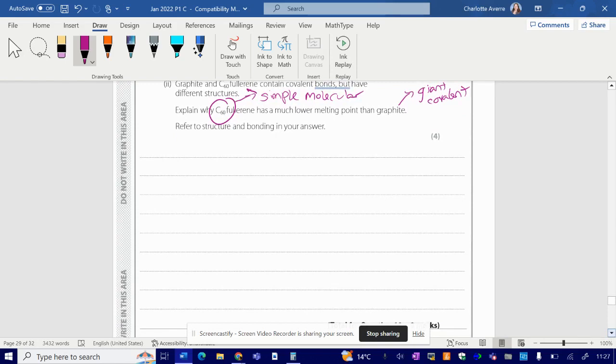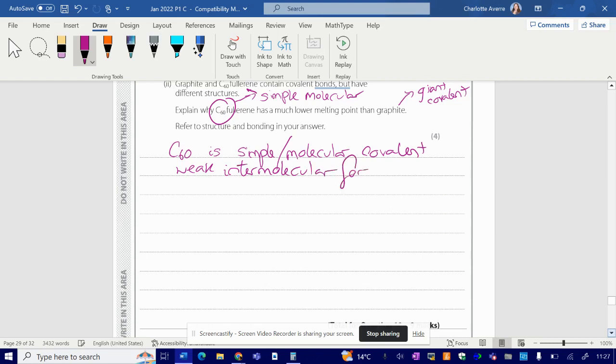Okay, so in my answer I'm going to say that C60 is simple or molecular covalent. Therefore, what is being broken when it is heated are the weak intermolecular forces. And that does not take much heat energy.